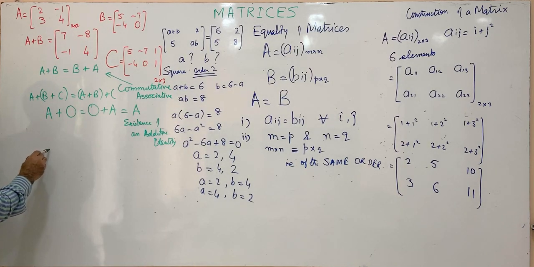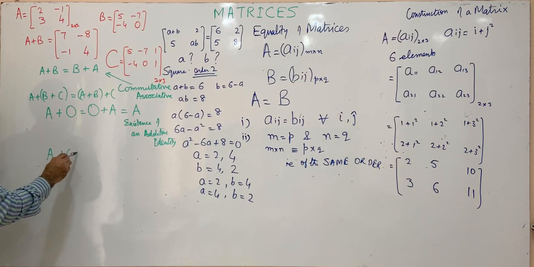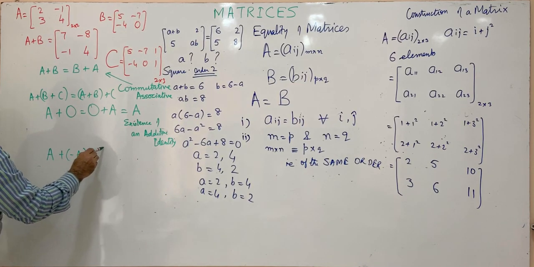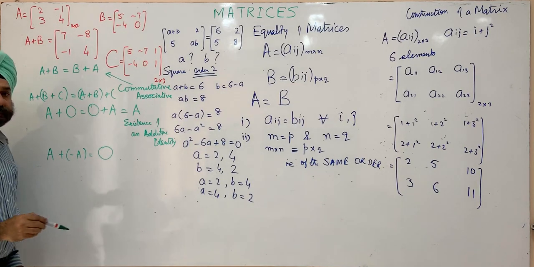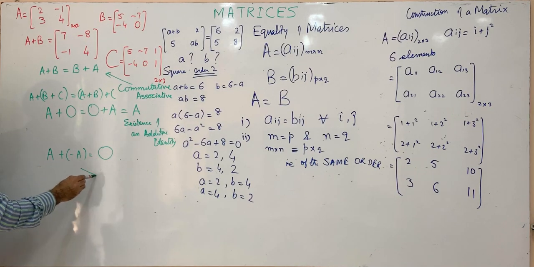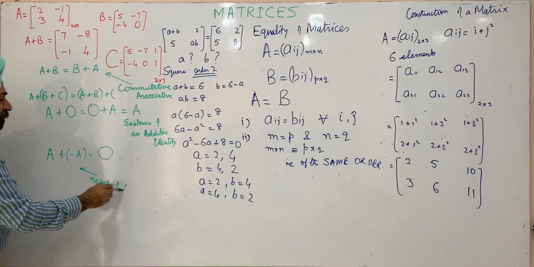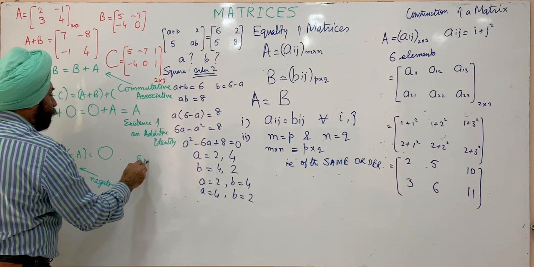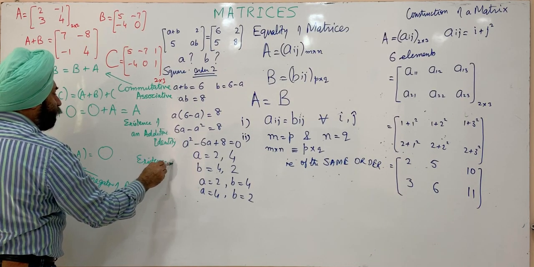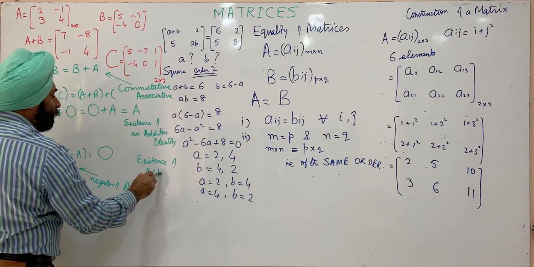And one more, A plus minus A is equal to the null matrix. Minus A is the negative of matrix A. This property is the existence of additive inverse.